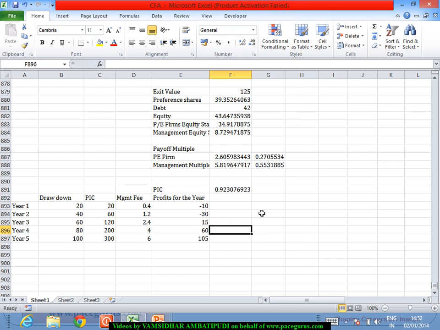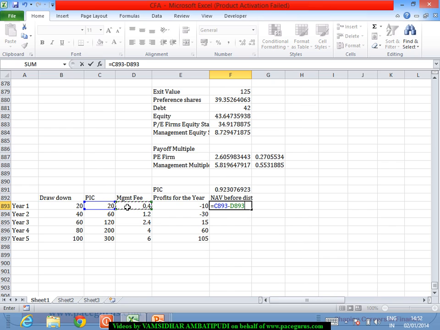Now based on this, I can compute the NAV before the distribution: initial paid-in capital minus the management fee plus the operating results. This is the NAV for the year before the distribution. And based on the NAV only, the carried interest will come into the picture.